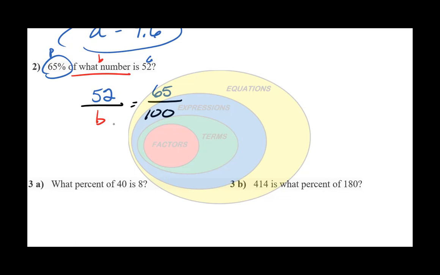So anytime we're looking for the base, the first thing we're going to do is take the reciprocal. So let's look at the reciprocal of each. If I take the reciprocal of A over B, or 52 over B, I would get B over 52, equals, and then the reciprocal of P over 100, 65 over 100, would be 100 over 65.